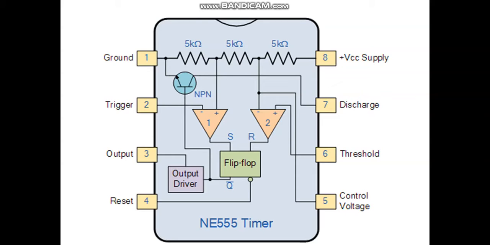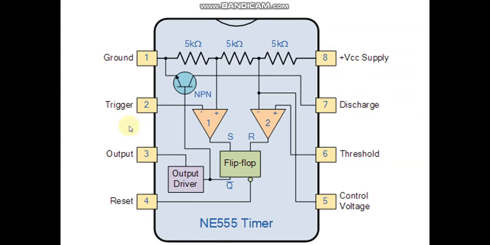Pin number 1 is ground; the ground pin connects the 555 timer to the negative supply. The second pin is the negative input to this comparator.